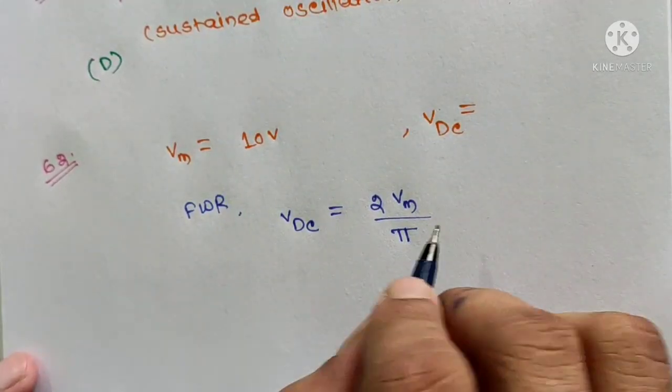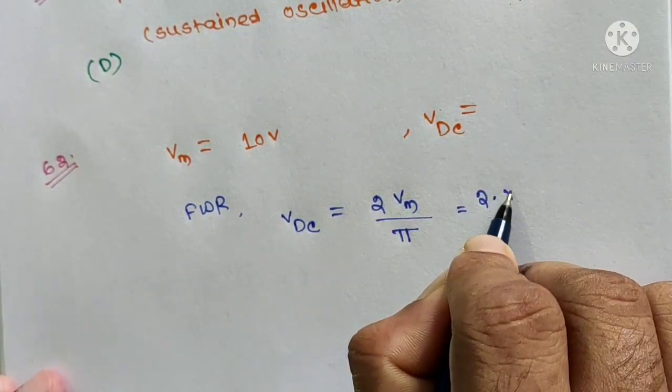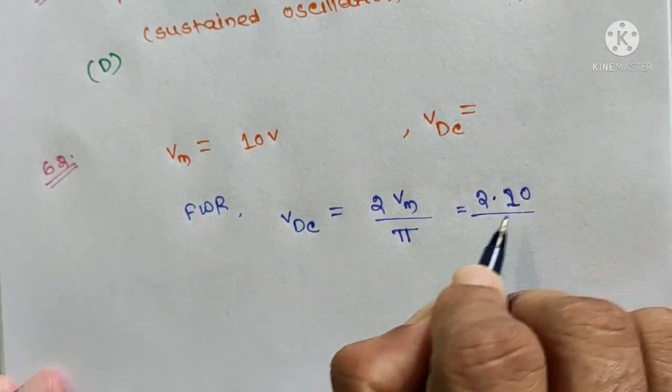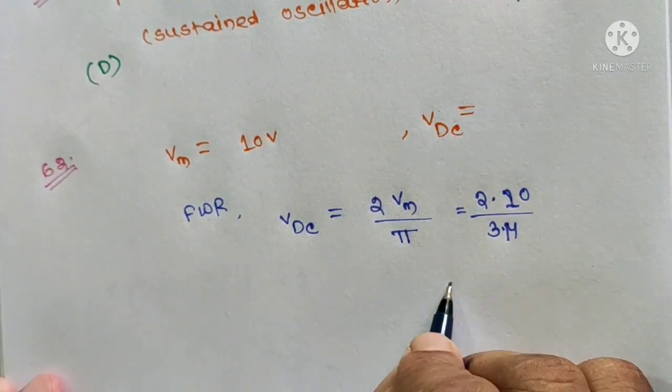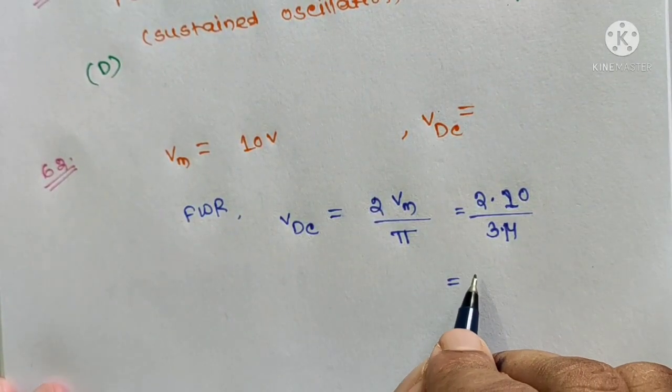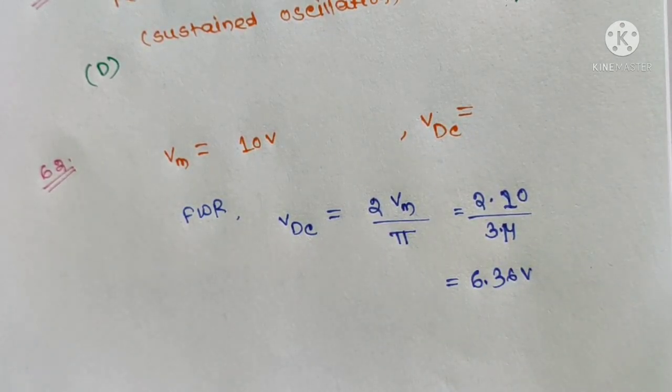So now use the given value. So 2 into 10 by 3.14, which is equal to 6.36 volt. So your correct option is option C.